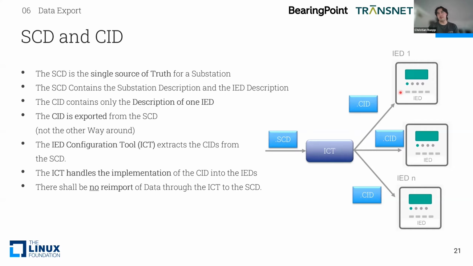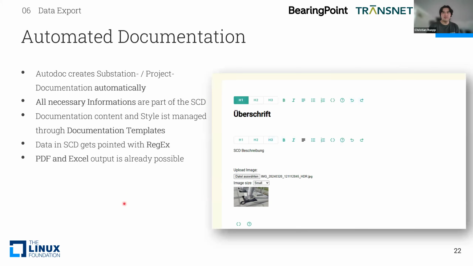So there's no data re-import from the IED over the ICD to the SCD. Only the SCD says what should be done, and the only thing the IED has to do is execute. So its data stream is one direction.